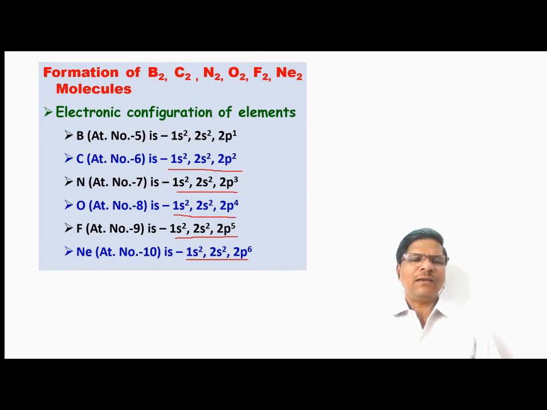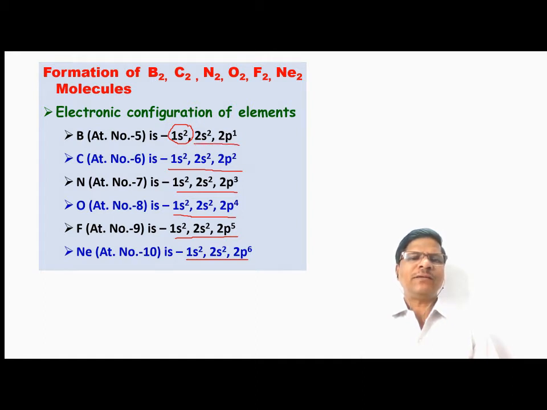So if you see, we have selected all the elements from the second row of the periodic table, from atomic number 5 to 10. The characteristic of all these elements is that they have two shells of electrons. The first shell is composed of the 1s orbital and it is filled, while the second shell is composed of 2s2 and 2p orbitals.